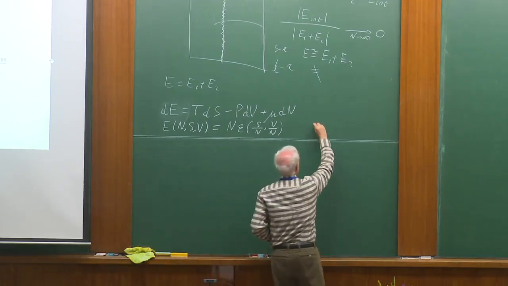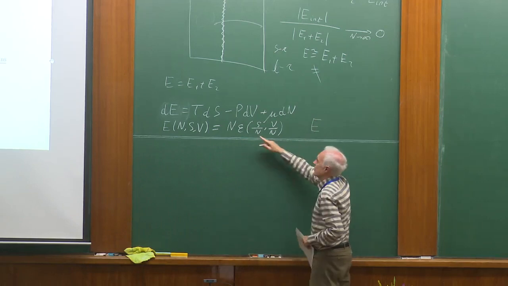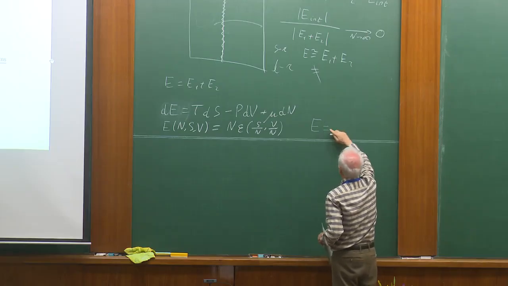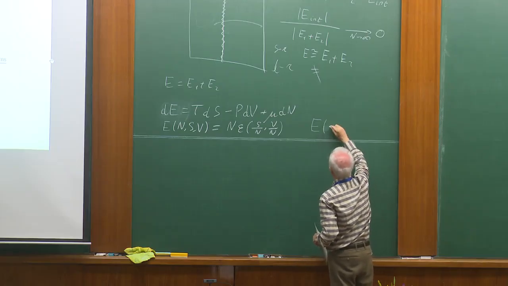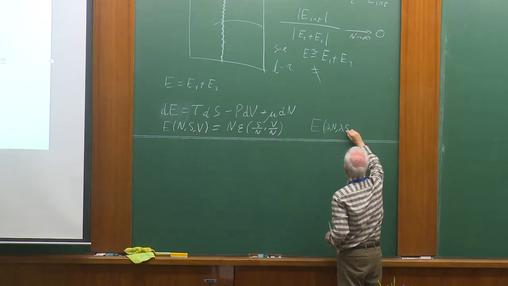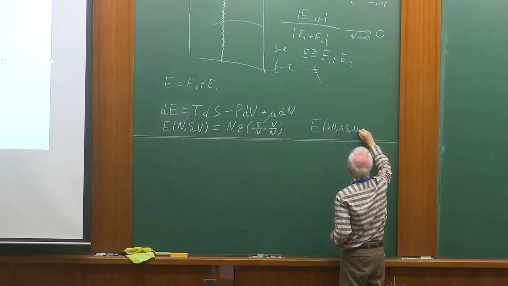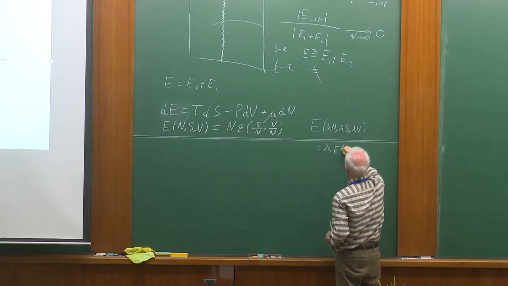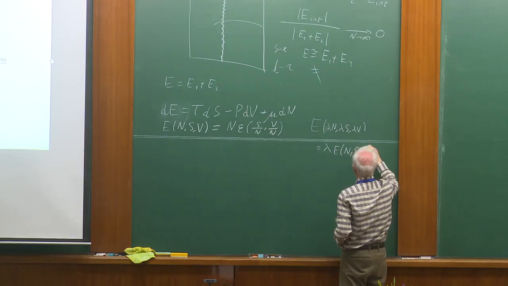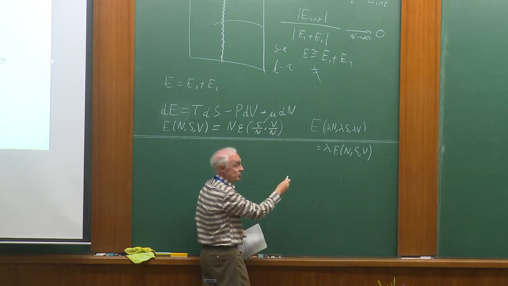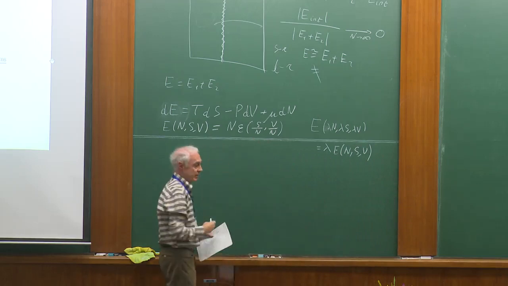And this means that this property is a consequence of this: if we change the size of the system by lambda, so lambda N, this will be equal to lambda times the energy. And to have this linear homogeneity, the form of the energy must be that one.